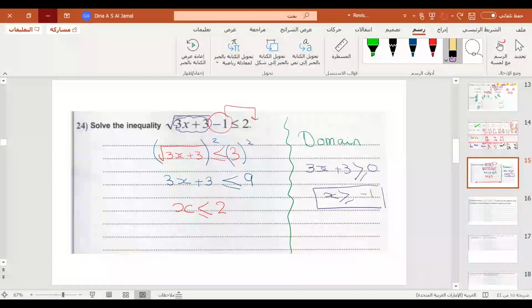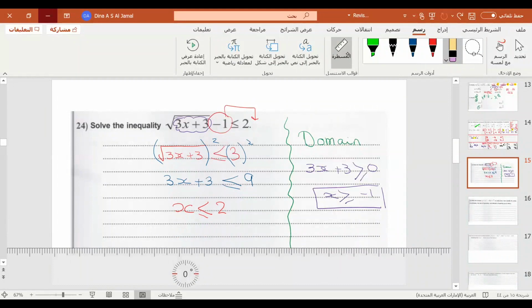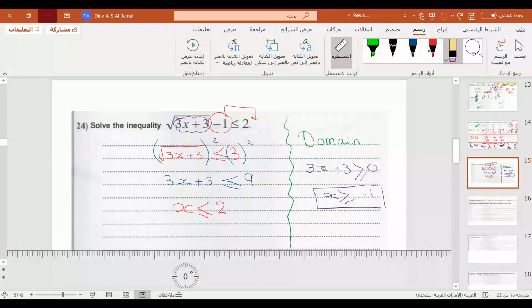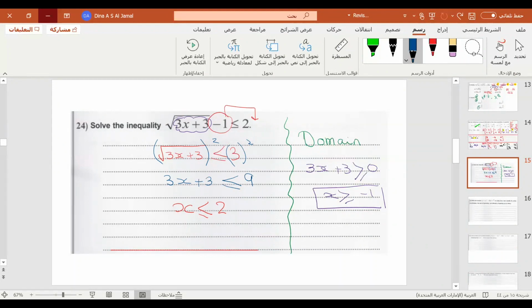And your solution of the graph itself, or let's use the ruler, more organized. So I will be having here 0, 1, 2, -1, -2.